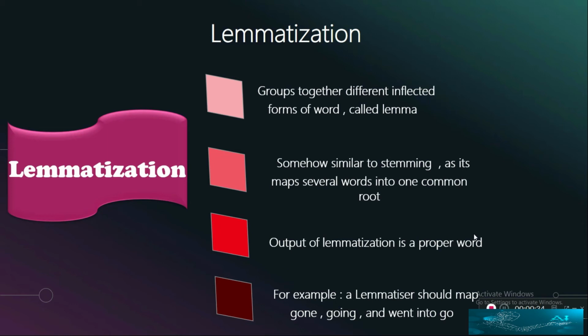It maps several words into one common root, but the major difference between them is that the output of lemmatization is a proper word. For example, a lemmatizer should map the words gone, going, and went into go. That will not be the output of stemming.